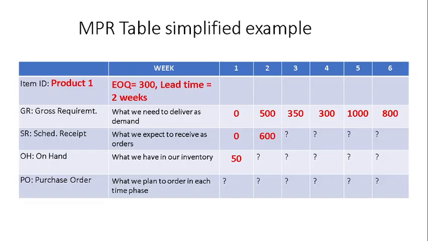So we assume that every order should be at least a multiple of 300 units. The lead time for delivery from our suppliers is assumed to be 2 weeks.